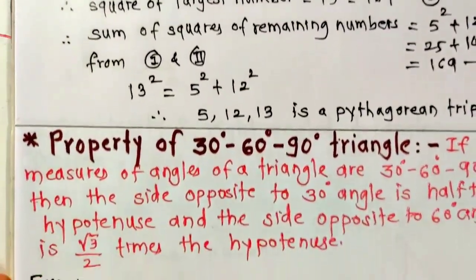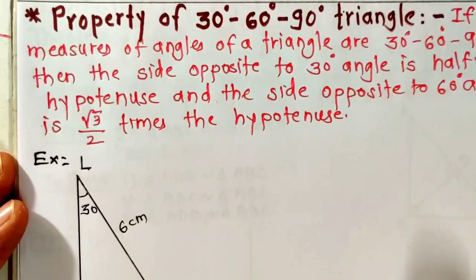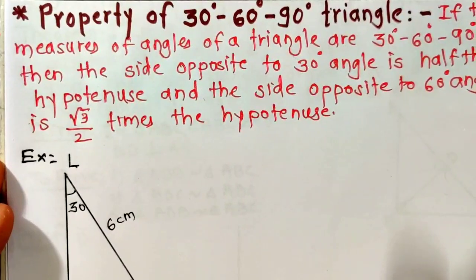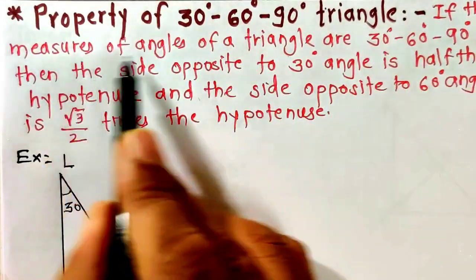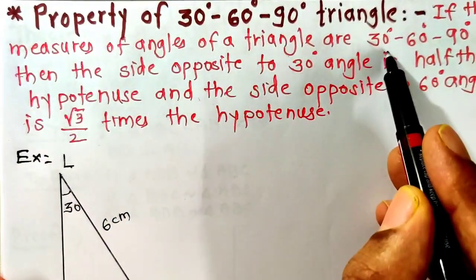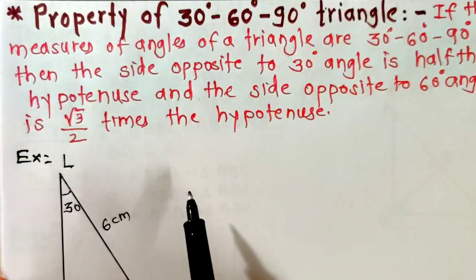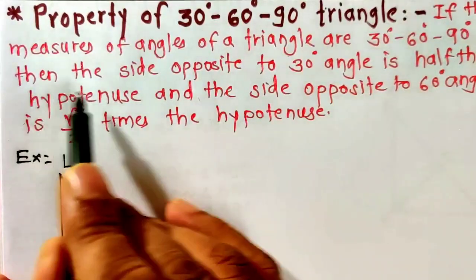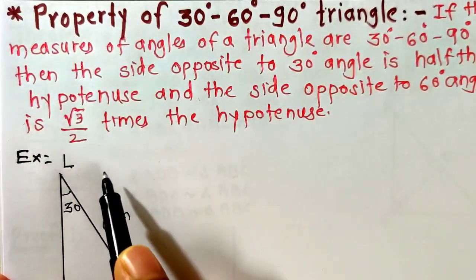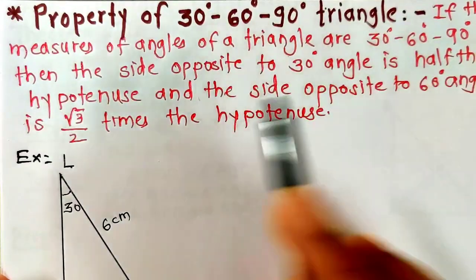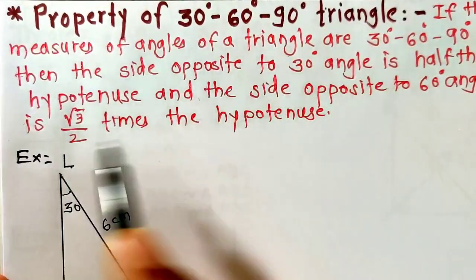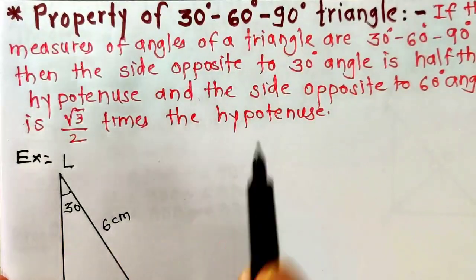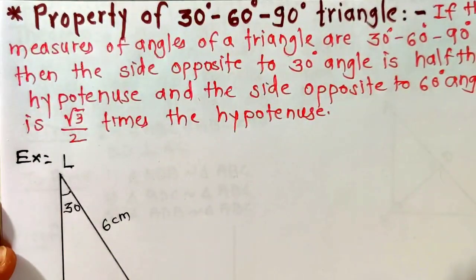Now the second thing is the property of 30 60 90 triangle. If the measures of angles of a triangle are 30 degree, 60 degree and 90 degree, it is a right angle triangle. Then the side opposite to 30 degree is half of the hypotenuse, and the side opposite to 60 degree is root 3 by 2 times the hypotenuse, that we studied in 9th standard.